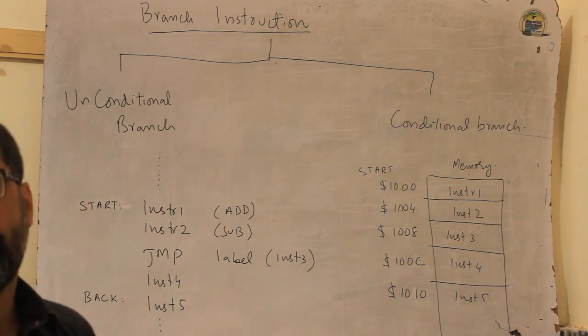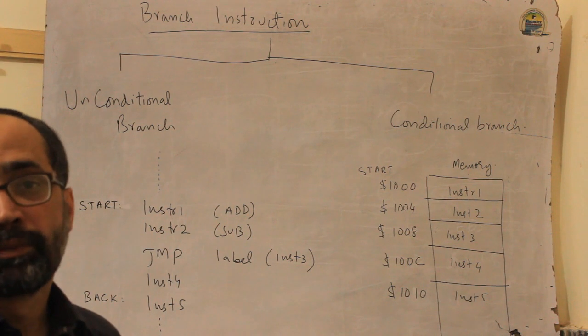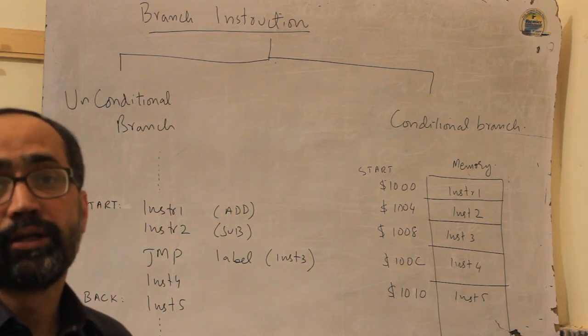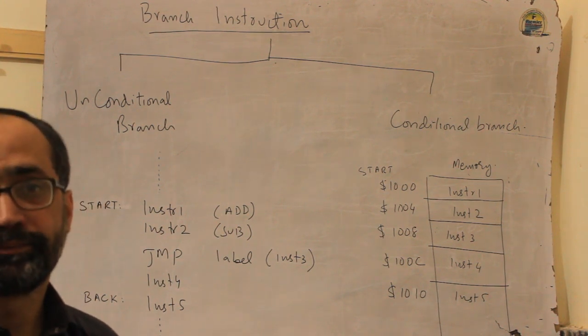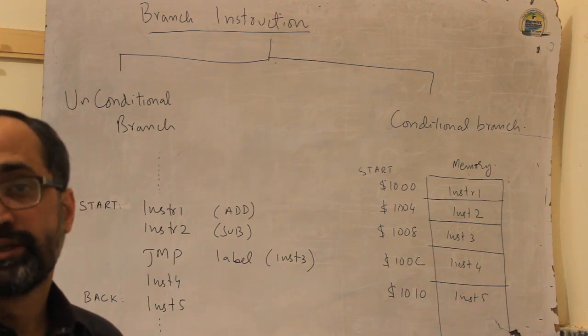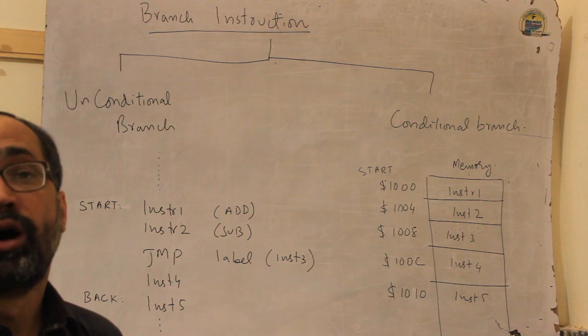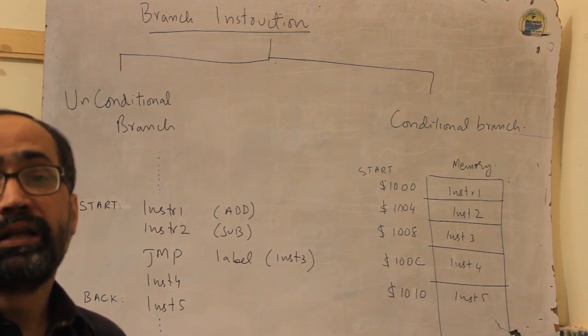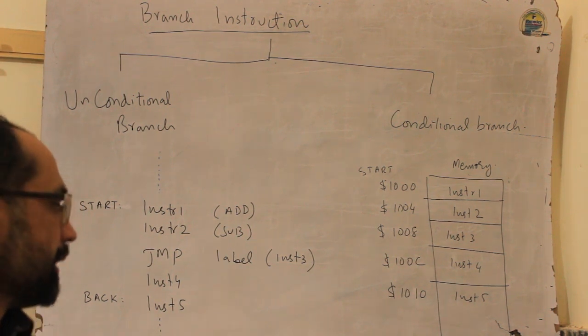As we know, typically in a microprocessor the instructions are executed in a serial fashion. However, there are some instructions that change the flow of the program. I will illustrate this with an example.